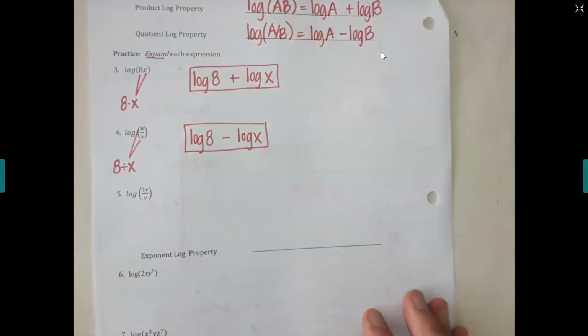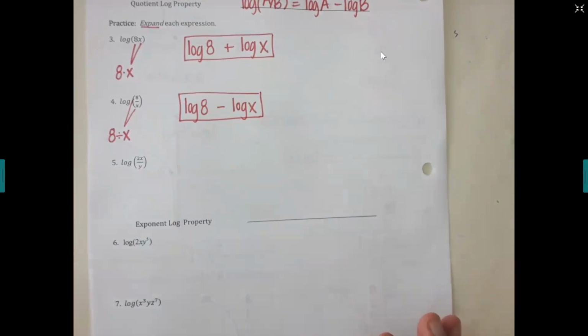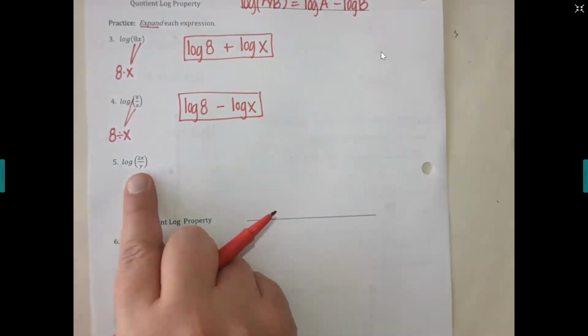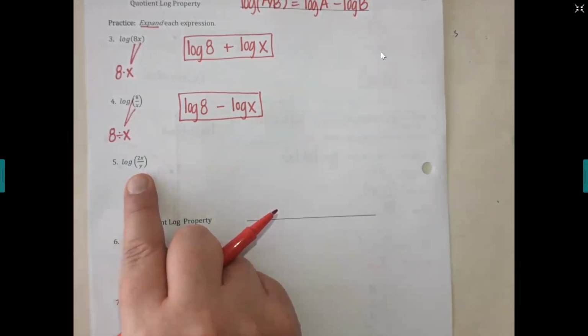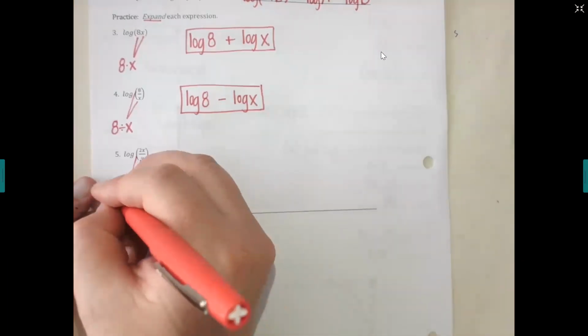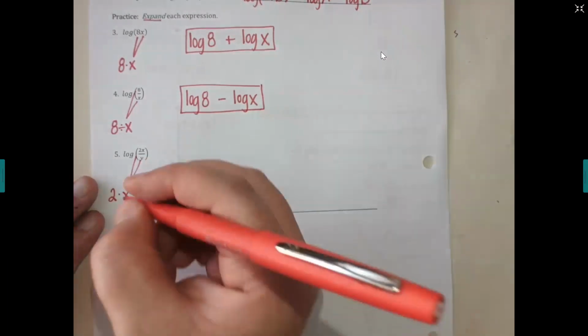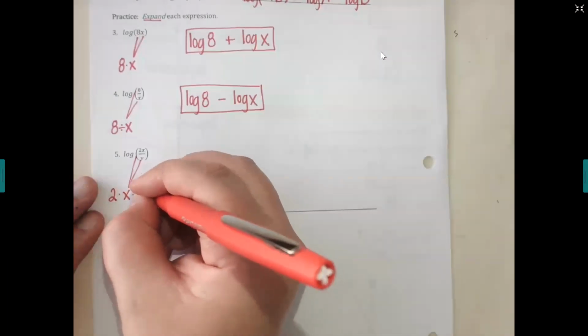Okay, now for number 5, you'll notice that I have 3 things in that log. What are the 3 things in the log? I have a number, what is it? 2, and then I have an x and a y. So let's break down what the operations are first. I have a 2 multiplied by an x, and then divided by a y.